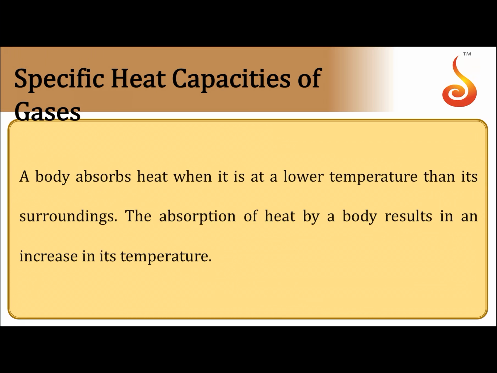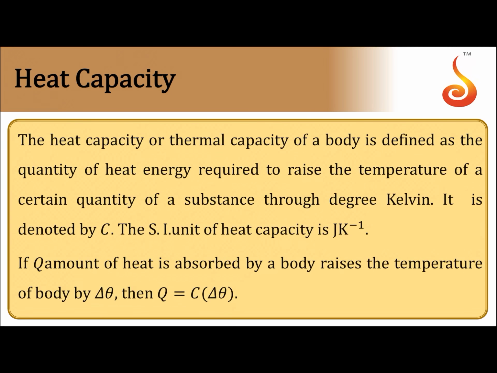Moving on to specific heat capacities of gases. A body absorbs heat when it is at lower temperature than its surroundings. The absorption of heat by a body results in increase in temperature. So heat capacity or thermal capacity of a body is defined as the quantity of heat energy required to raise the temperature of a certain quantity of substance through 1 degree Kelvin or 1 degree Celsius.